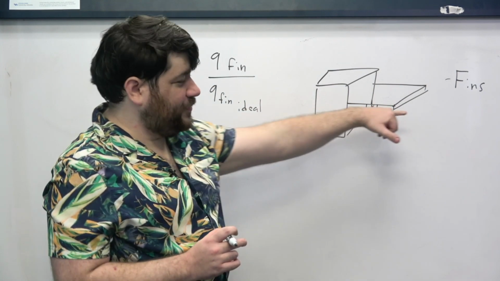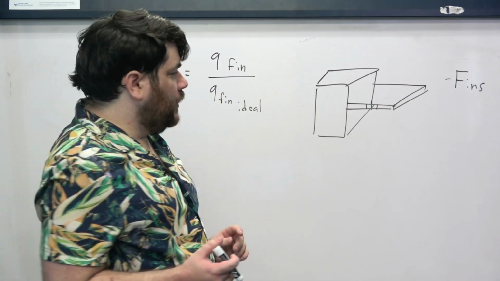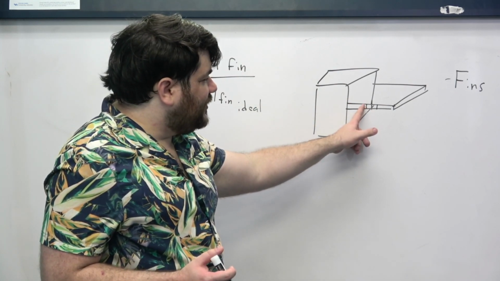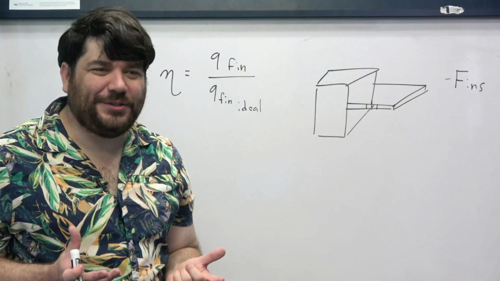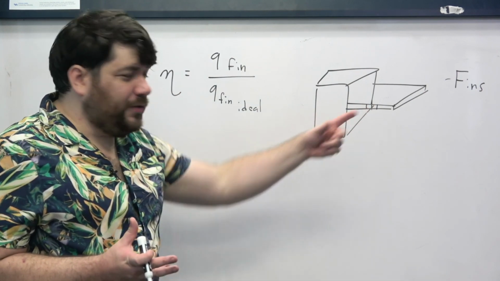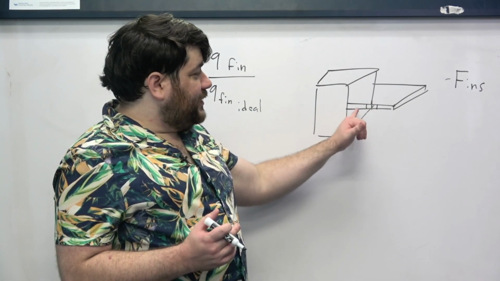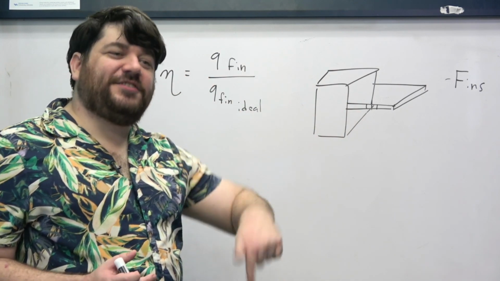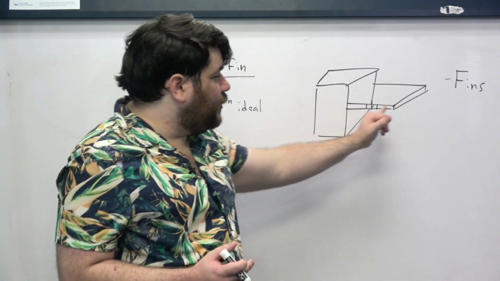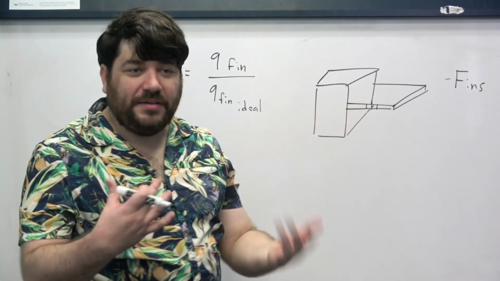That's moving left to right, assuming that the original heat transfer was left to right. And because there's heat transfer that's happening left to right through the fin, then there has to be temperature differences through the fin. This can't just be a uniform temperature. And so you expect the temperature of the fin close to the surface to actually drop as you start going further and further out towards the environment.